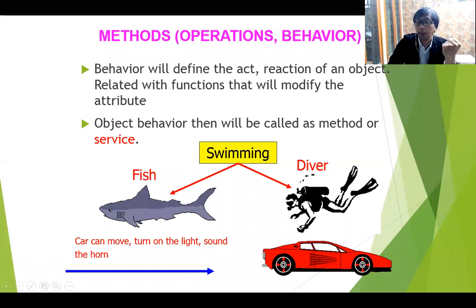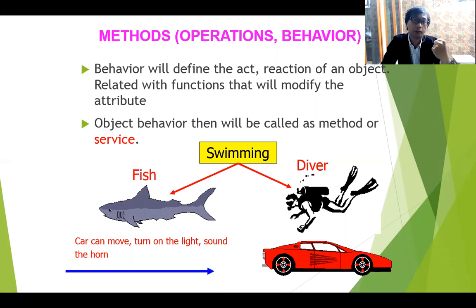Like, let's say the car can move forward. The method is not modifying the object itself, but it is an action of the object. Okay, and in object oriented, the behavior will be called a method or service.